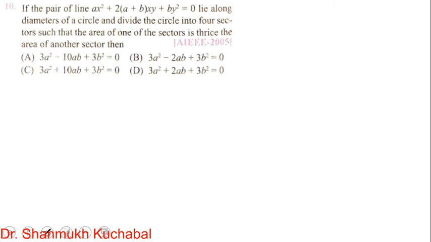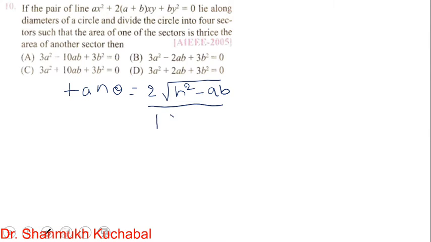Here the angle between them is given, so we have to use the formula tan theta equal to 2 times under the square root of h square minus ab, whole divided by mod of a plus b.